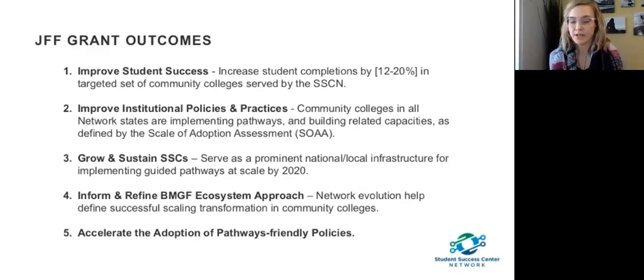So what is a reasonable assumption about directional impact? And that's really this question here, and what is involved in this percentage of targeted set of community colleges. We will have a lot of time to talk about this.